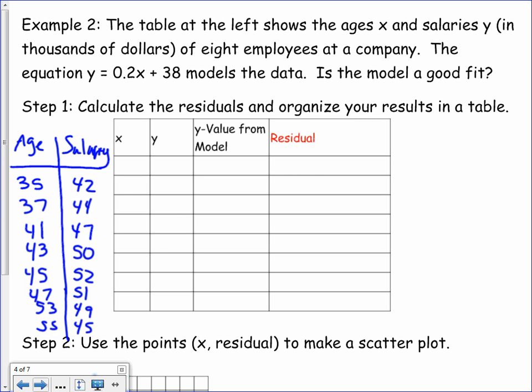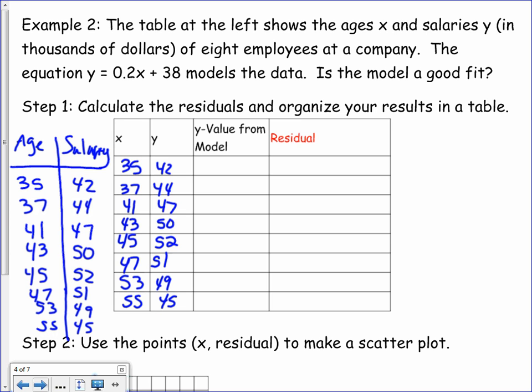Now, we need to list all the x values. 35, the y value is 42; 37, 44; 41, 47; 43, 50; 45, 52; 47, 51; 53, 49; and 55, 45.